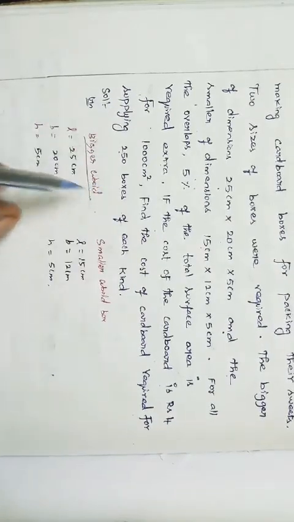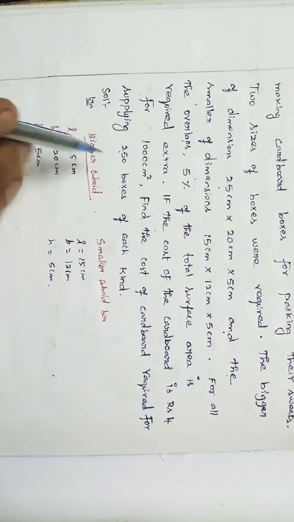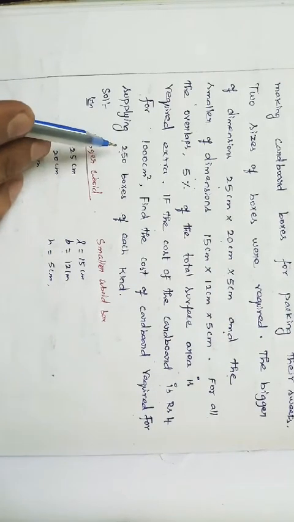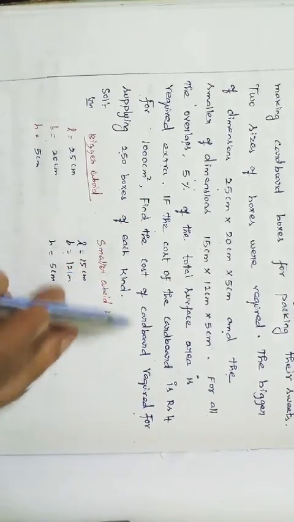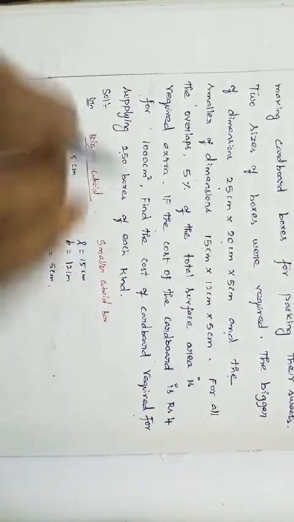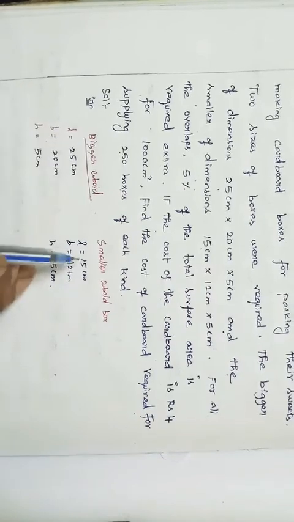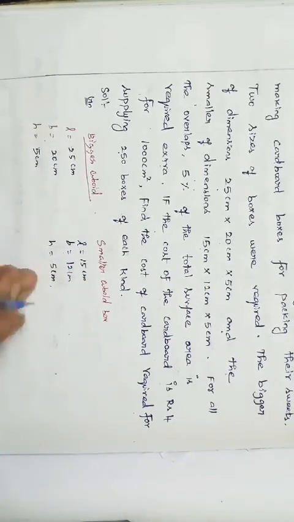That's very important. So in each kind of box, how many boxes are they preparing? 250 boxes. So what they are asking, we want to find the cost of the cardboard for how many boxes? 250 bigger boxes and 250 smaller boxes. So the cost of the cardboard only we want to find.